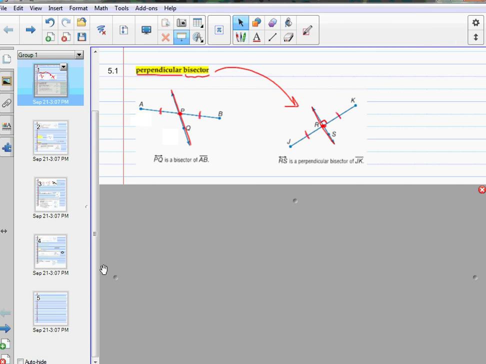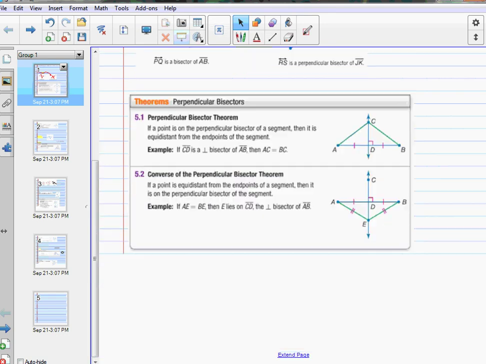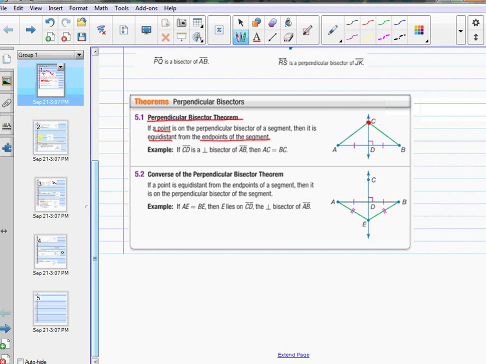So we are going to look at something that is true when we have a perpendicular bisector of a segment. And that leads us to our first theorem for today, the perpendicular bisector theorem. If a point is on the perpendicular bisector of a segment, so we have a point that is on this perpendicular bisector, CD is the perpendicular bisector, then this theorem says this point is equidistant from the endpoints of the segment.